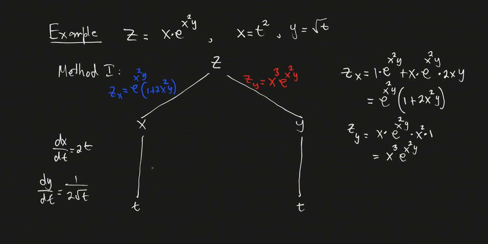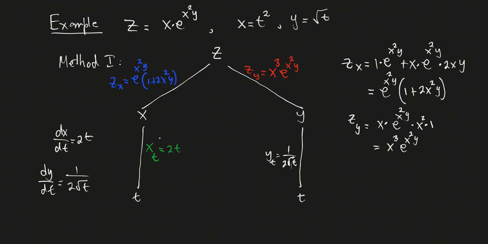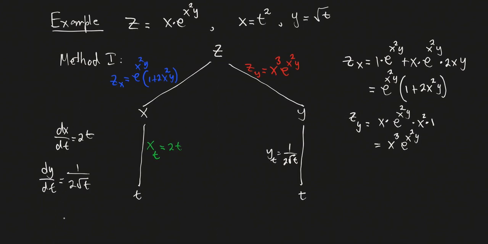So x sub t will be 2t, and then y sub t along this branch will be 1 over 2 root t. All right, so now we have the tree diagram set up, and what I would like to write down is the partial derivative of z with respect to t.